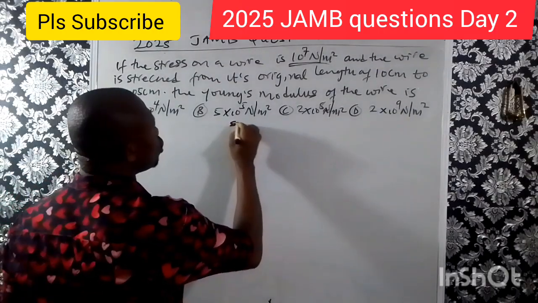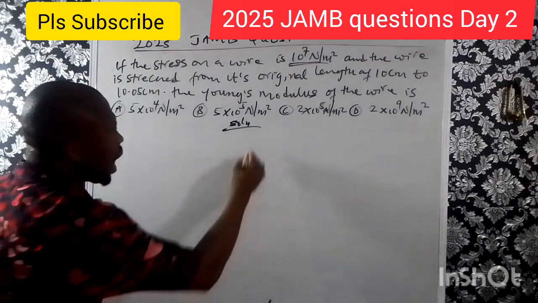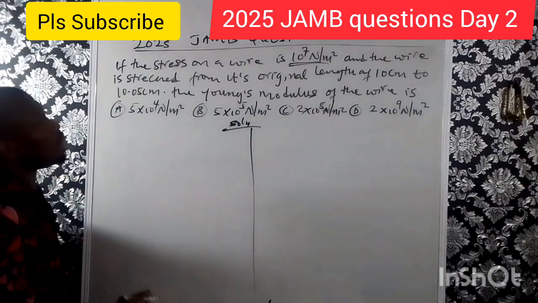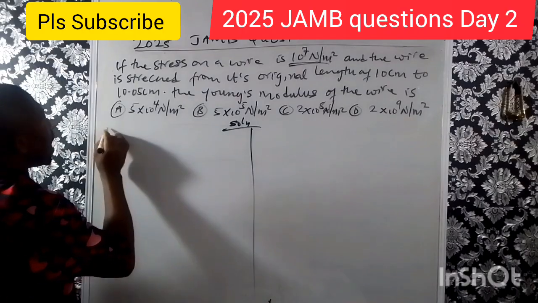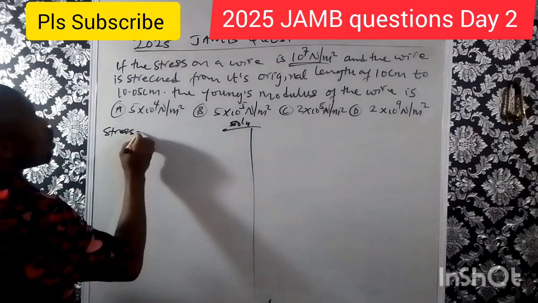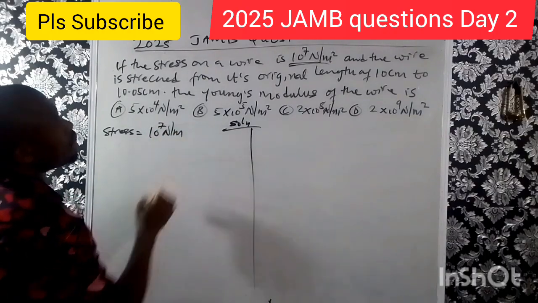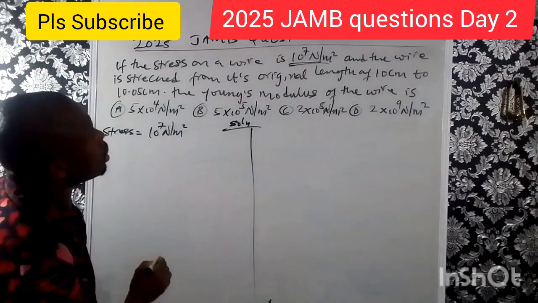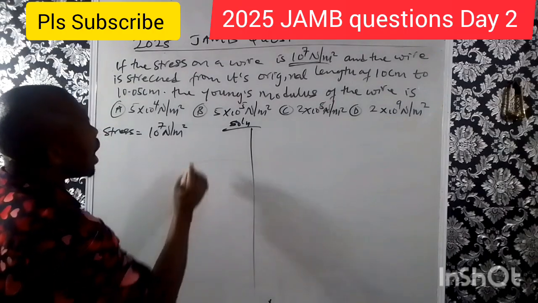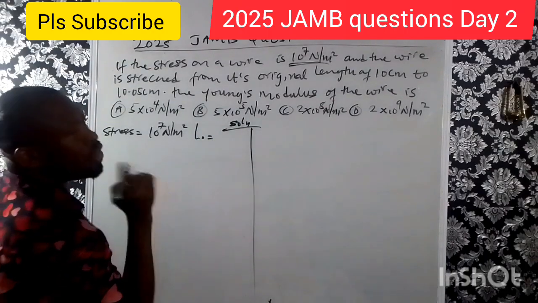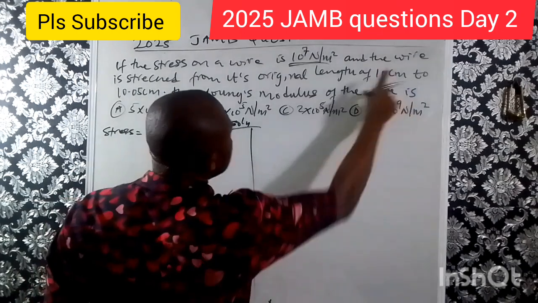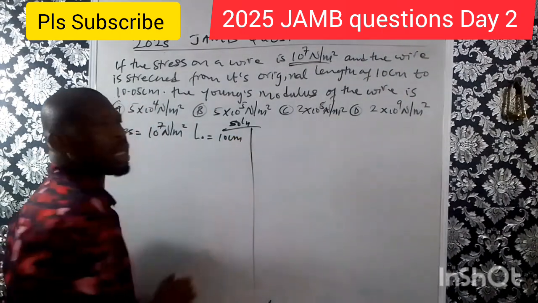Now, solution. We have that stress is 10 raised to power 7 Newton per meter squared. Original length L0 is 10 centimeter.